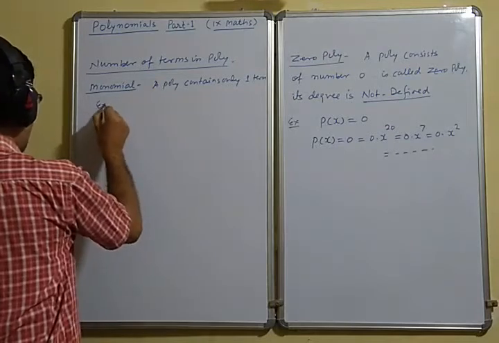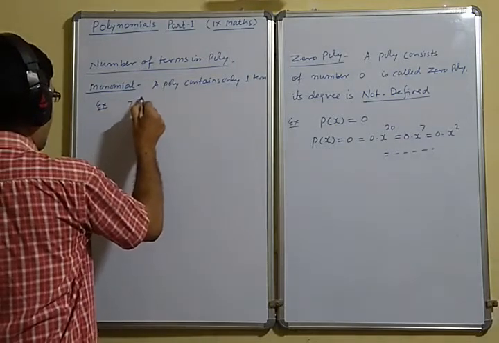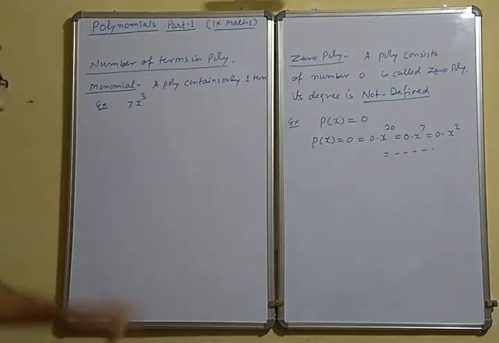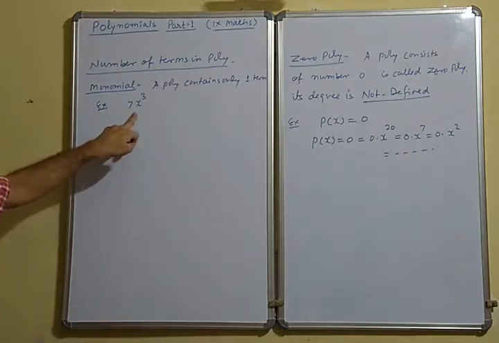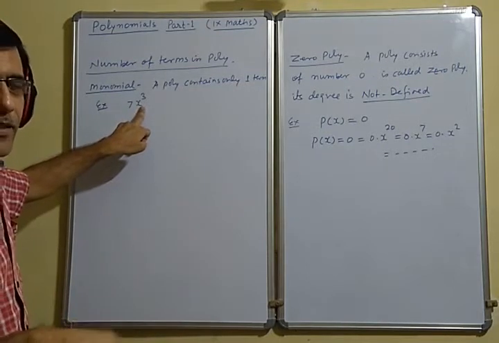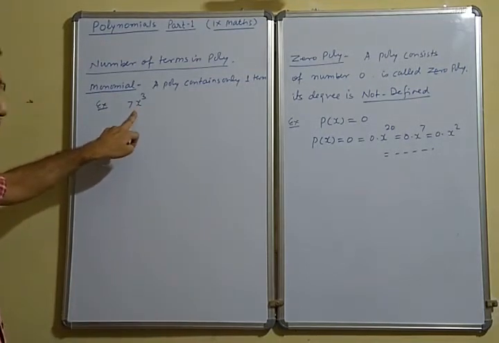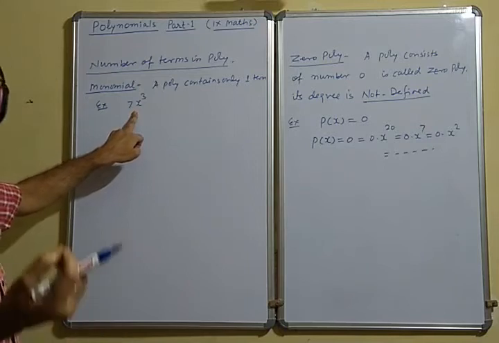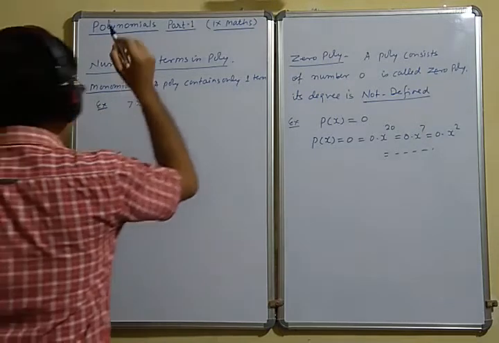For example, 7x cube. The number of terms is 1, although its degree is 3. But the number of terms is 1, so it is called a monomial.